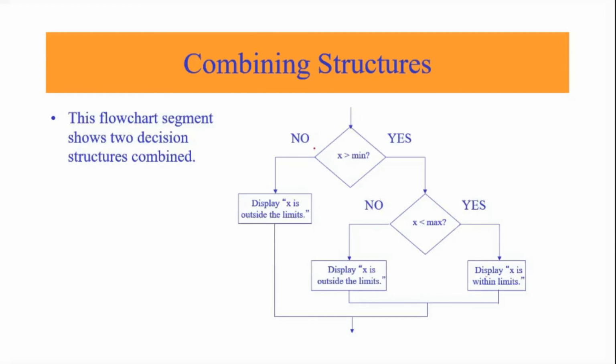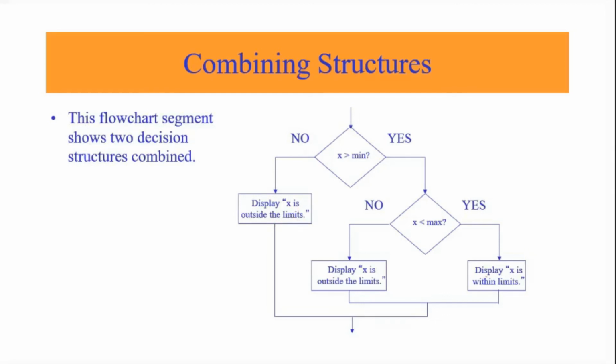Here also, if x is not greater than minimum, if it is less than the minimum, the no condition becomes true, that is, the x is greater than minimum condition becomes false. So that is no. Then we go to display x is outside the limits.